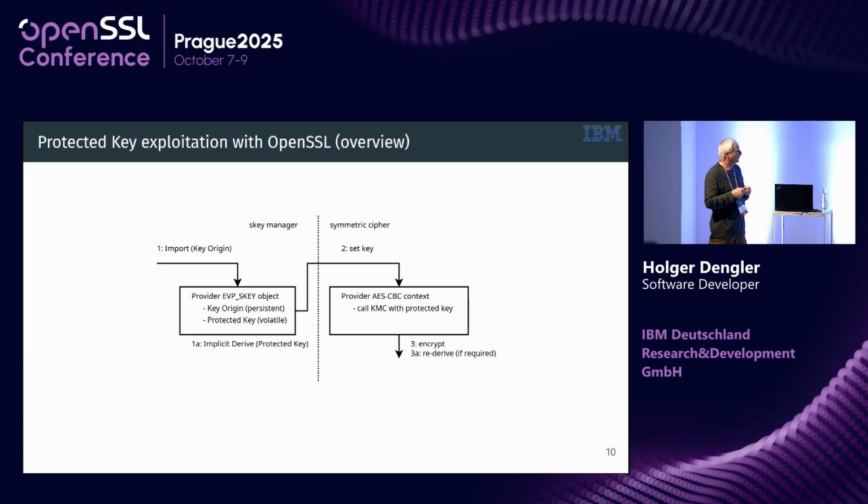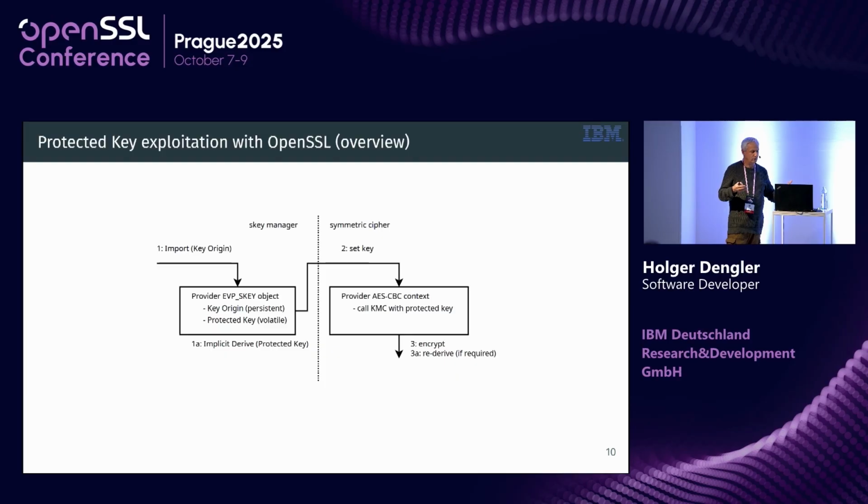This key origin will then be derived to a protected key by the S-key manager, and it will also be rederived if an ongoing cipher operation returns with an error.